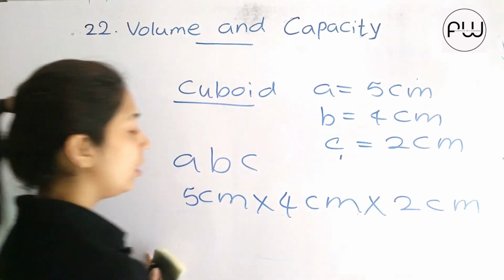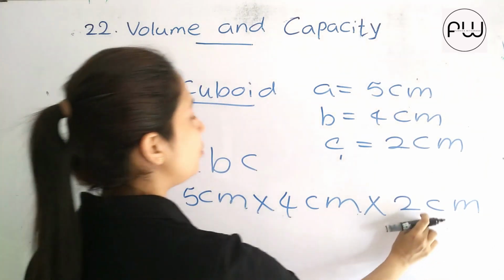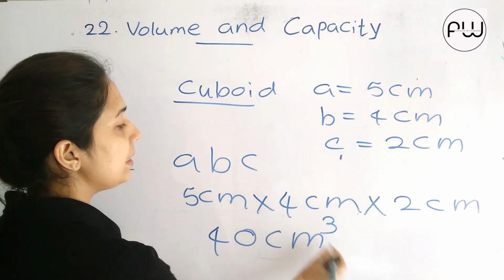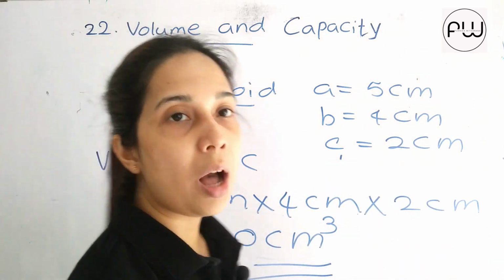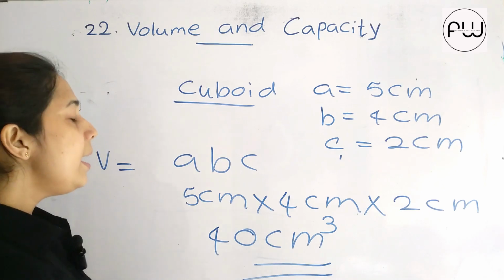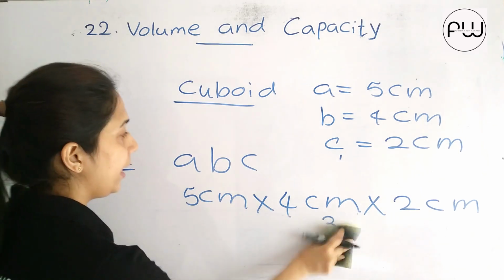Now let's find the volume. 5 times 4 is 20. 20 times 2 is 40. 40 cubic centimeters, because all these dimensions are given in centimeters, so we can find the volume in cubic centimeters.